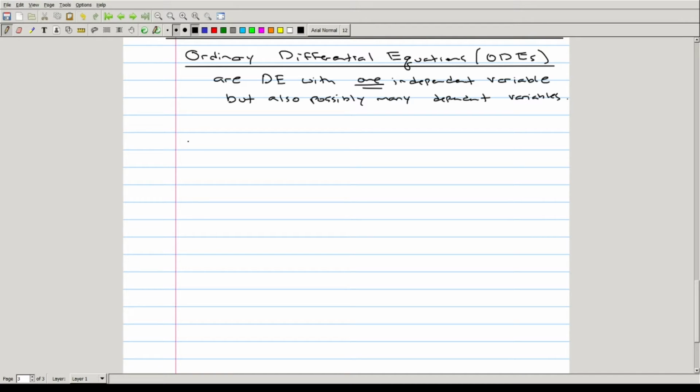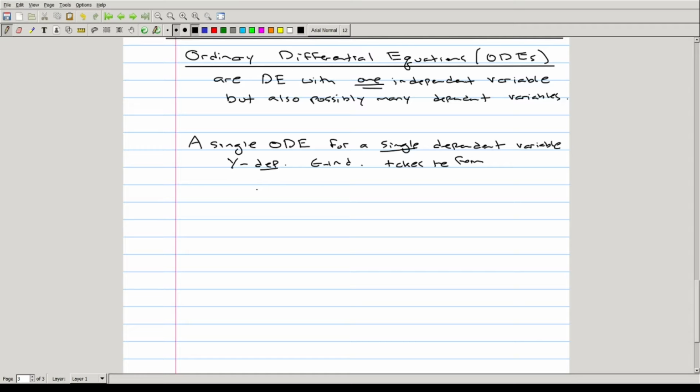In general, a single ODE for a single dependent variable, we'll call it y, takes the form f of t, comma y, comma y prime, comma y double prime, all the way up to the nth derivative of y, is equal to 0.